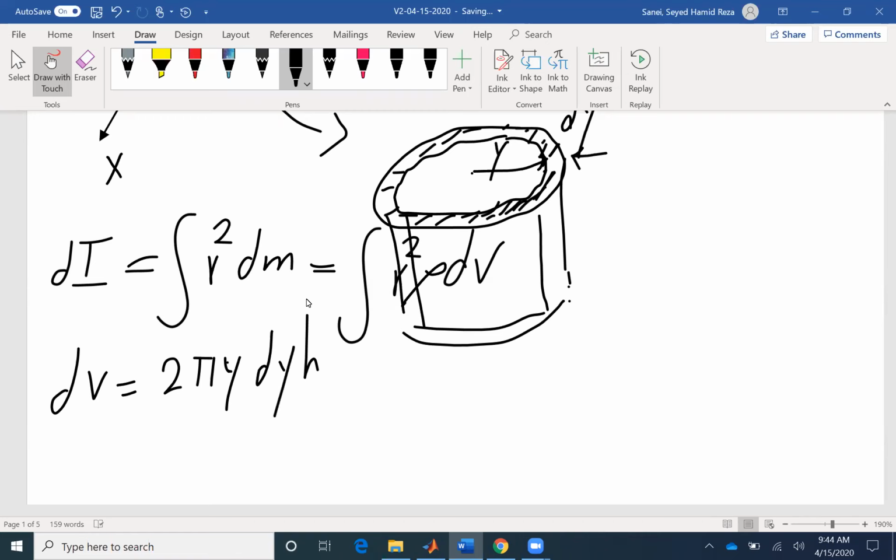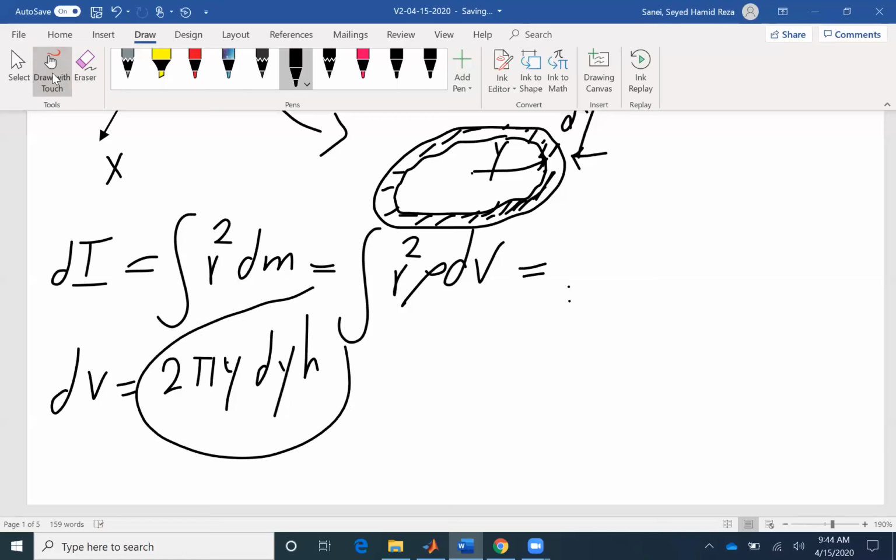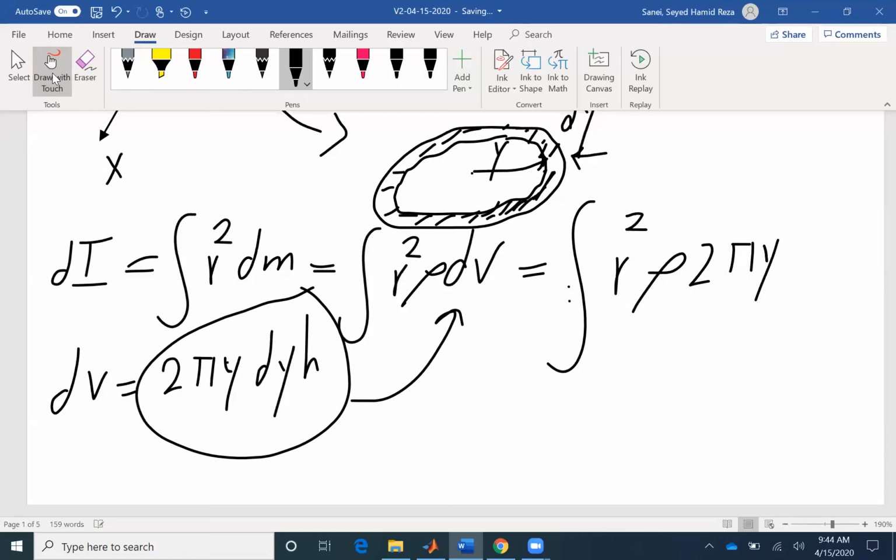Now that I have my volume, I can replace dV here. So I get r squared rho 2 pi y h dy.